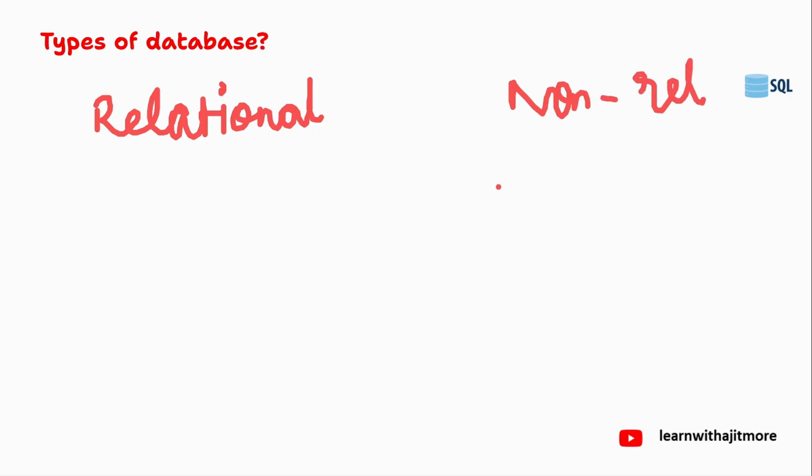So the main points we will try to differentiate between them, like what characterizes a relational database and a non-relational database management system. The speciality of a relational database management system is everything is stored in the form of tables. Everything is structured in the form of tables, and tables are made up of columns and rows.